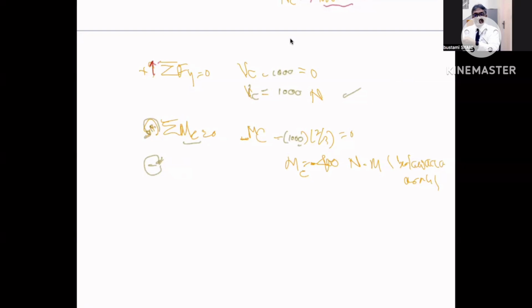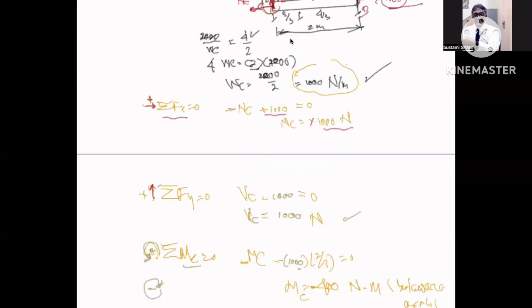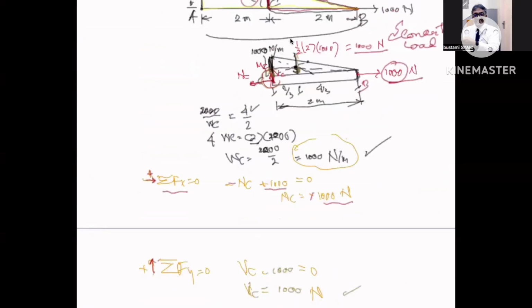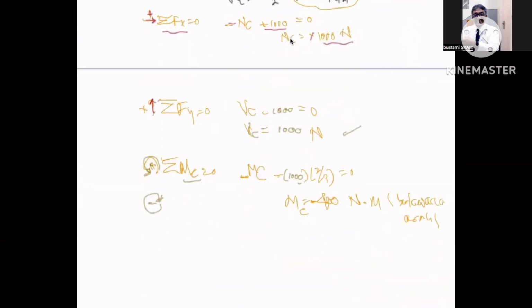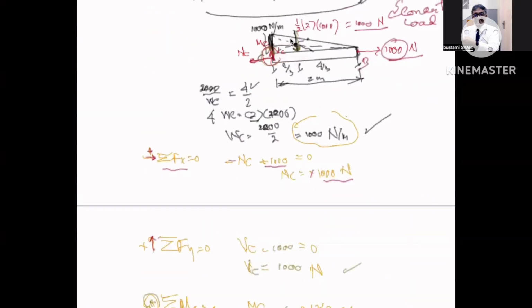Then MC is supposed to be clockwise, so plus or negative. Yes, it's negative right here. And then 1,000 is supposed to be like this.